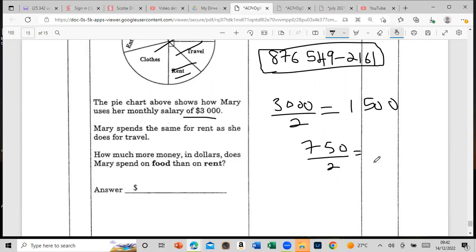So 2 into 7 goes 3 times. 2 into 15 goes 7 times, remainder 1, so that's 5. So it's actually 375 more. Because look, if it's 750 that she spent on food, and she spent 375, minus this it's going to give the same 375.